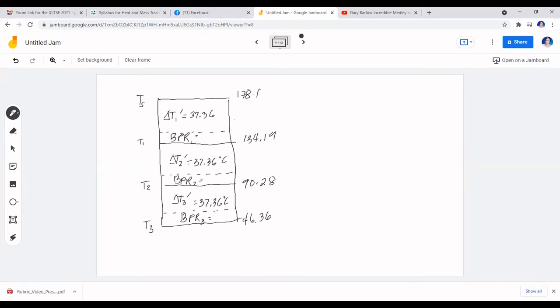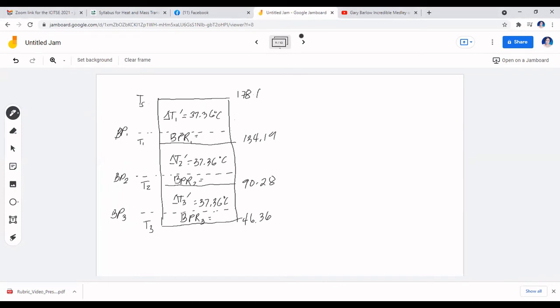What is the purpose of that? This will give you the boiling point of your solution in effect 1 here. This will give you the boiling point of the solution in effect 2, and this will give you the boiling point of the solution in effect 3.